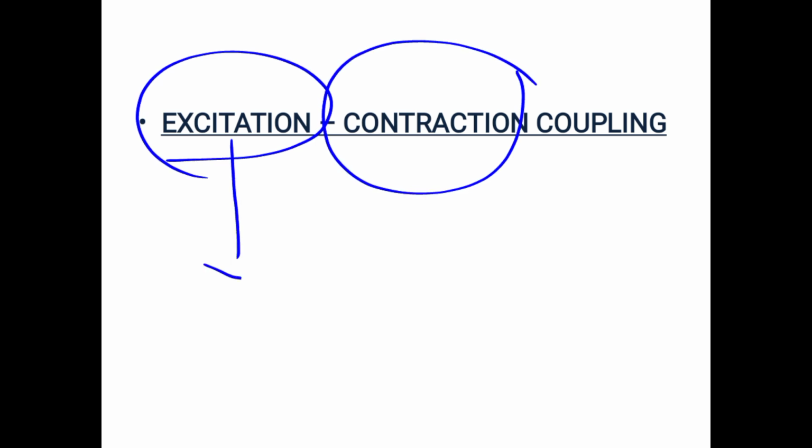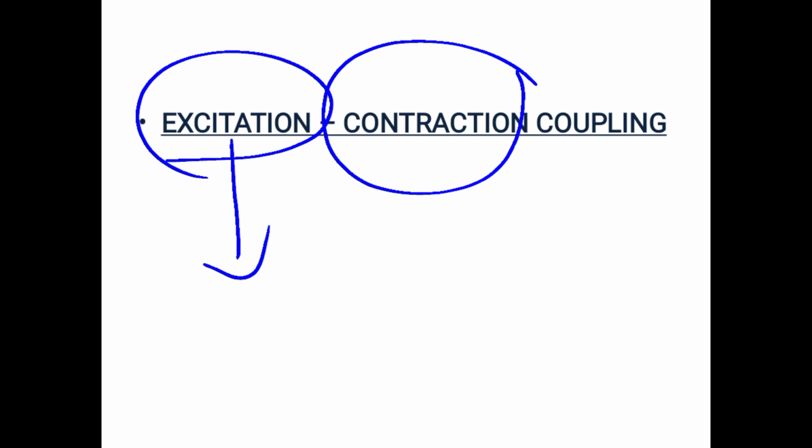Next, coming to the mechanism by which the nerve action potential is converted into muscle action potential, leading to muscle contraction. We call it excitation contraction coupling. Excitation means that through the neuromuscular junction the nerve action potential reaches the muscle, sodium influx takes place and produces the action potential.